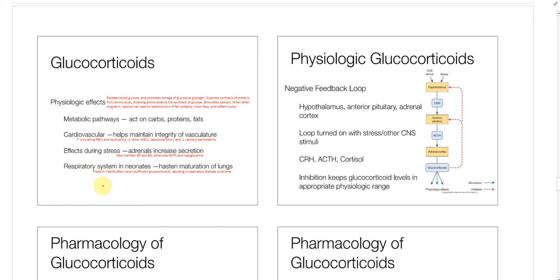And that's why preterm infants often have insufficient glucocorticoids naturally, so we may have to give them synthetic glucocorticoids to help mature the lungs. So there is a negative feedback loop with the hypothalamus, the pituitary gland, and the adrenal cortex for releasing glucocorticoids. It's just your typical negative feedback loop.